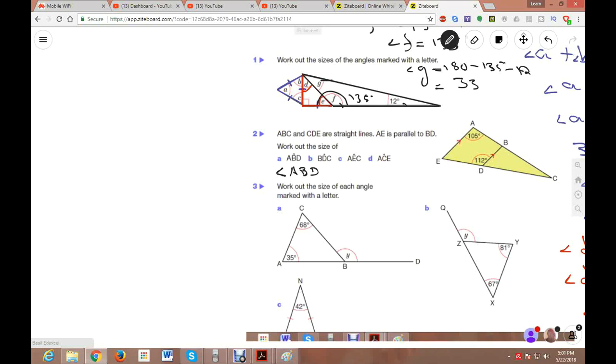This is the angle that we have to find out. So how are we going to handle this? Any idea?